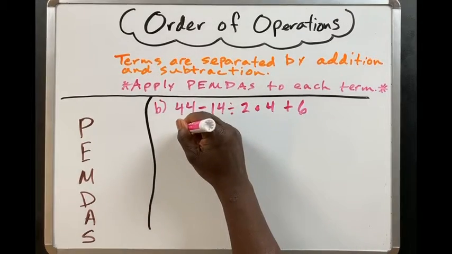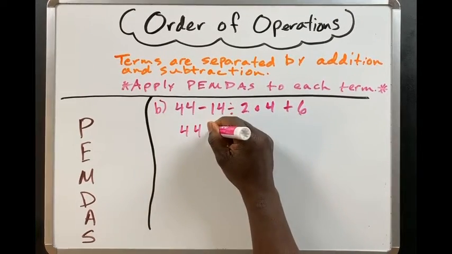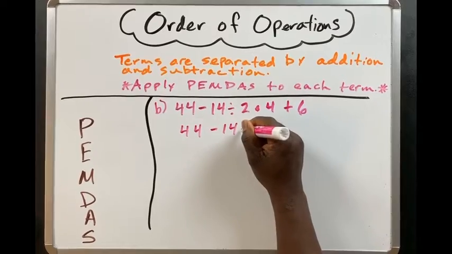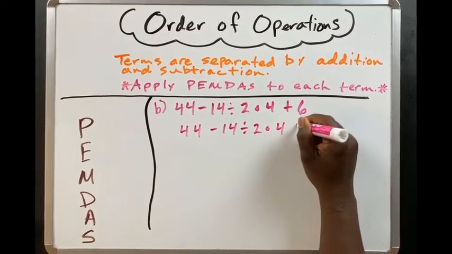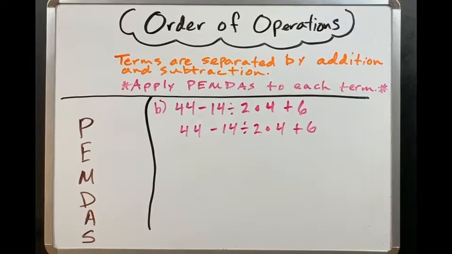So let's bring this down. 44 minus 14 divided by 2 times 4 plus 6. Make sure you copy it correctly. You can solve the problem right, but if you don't write the problem correctly, it's wrong, okay? So be careful with that. All right, let's circle our terms.